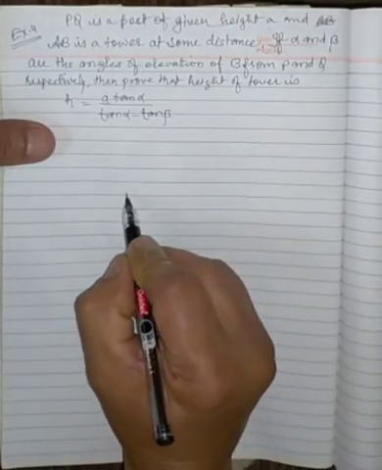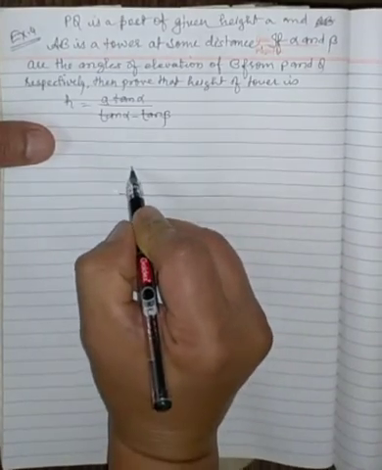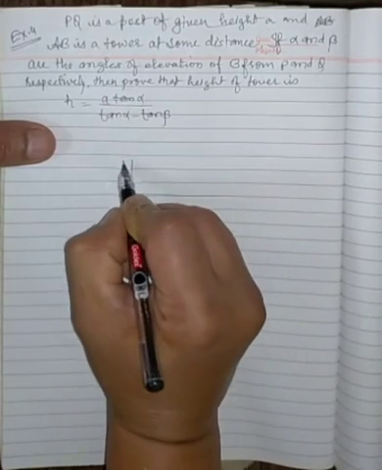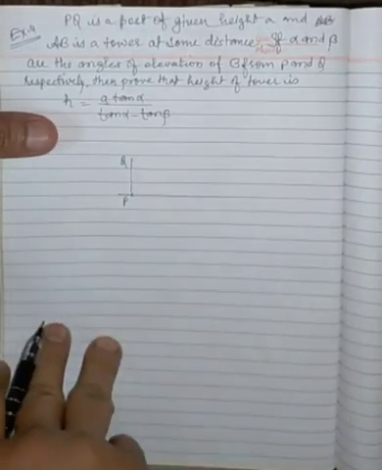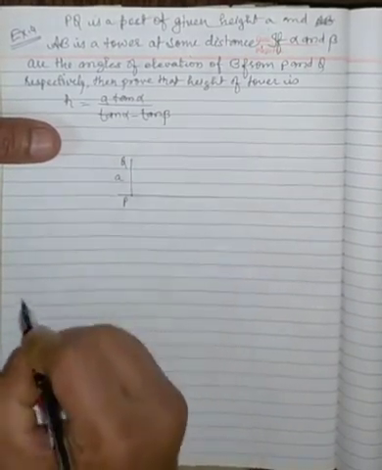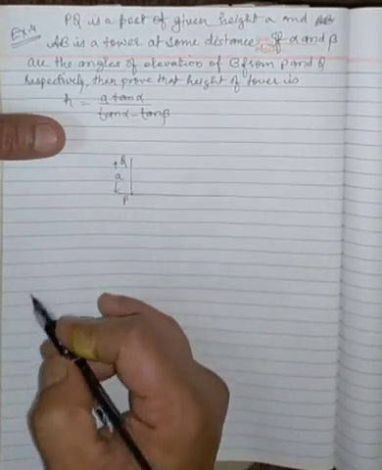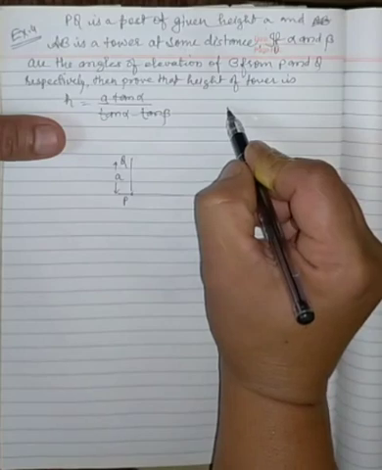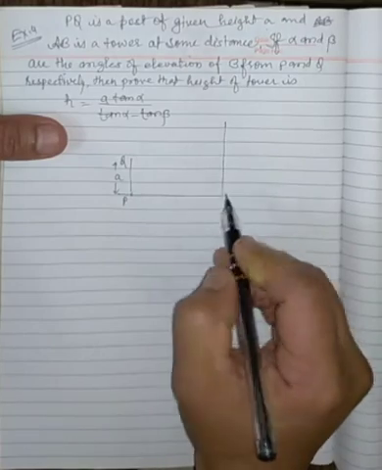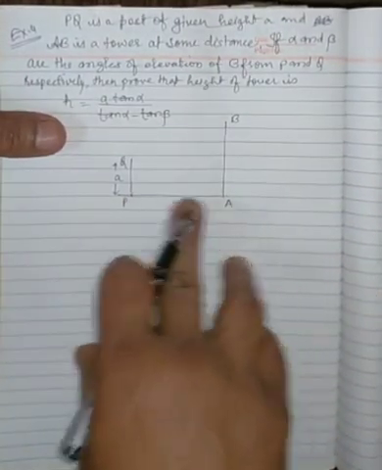So here first we will draw the figure for this. So here PQ is any post of height a and AB is any tower at some distance from PQ.